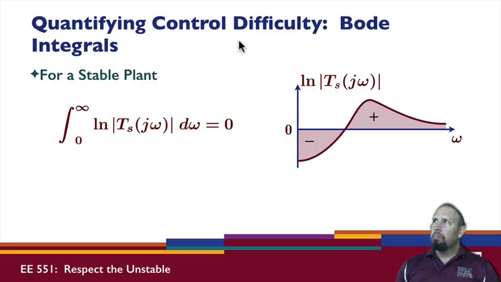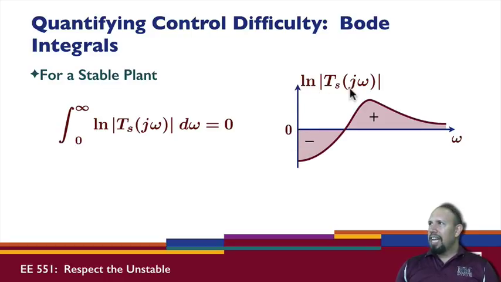So what the Bode integral is saying is, if you think in terms of what log absolute value is saying, if the magnitude is equal to 1, the log of that is 0. Right? The natural log of 1 is 0. Actually, any log of 1 is 0, even log base 10, whatever. They're all defined so that log of 1 is equal to 0.